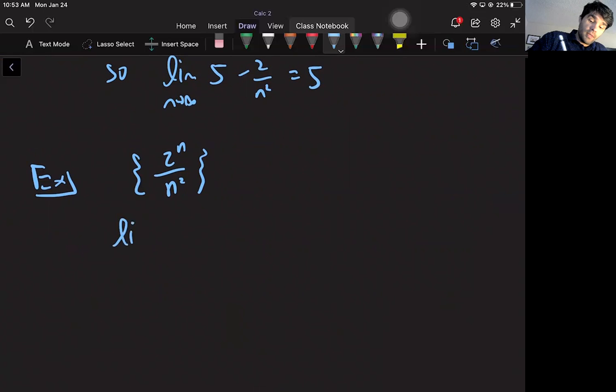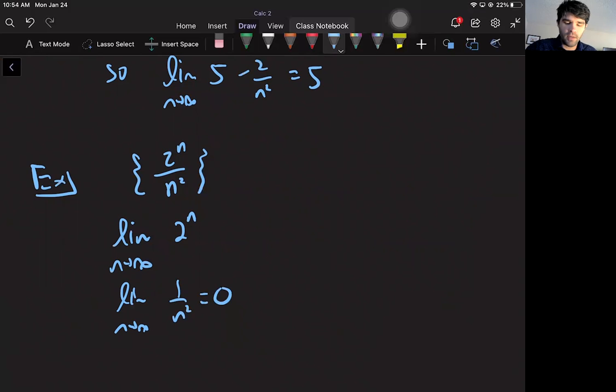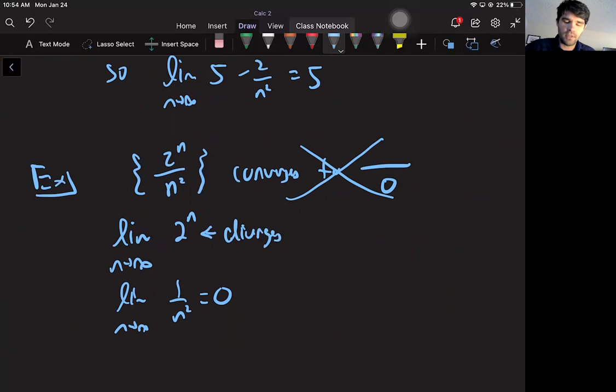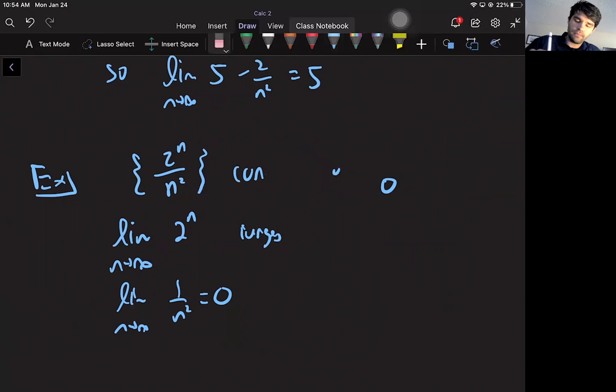If you just tried to separate this and say, well, I can just do division independently, I'll do this one, and then I'll do this one. Well, this one is 0, which is bad because you're going to divide by 0 if you try that, to just say that this converges to blank over 0. That's already bad. But then also this one diverges on the top because it grows. So you can't even separate it in the first place. So none of that is going to work very well.